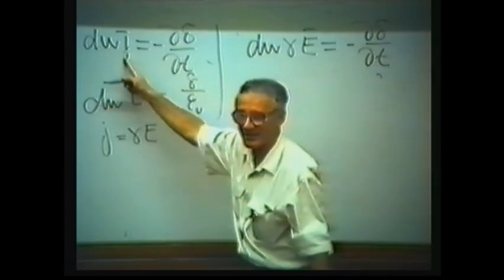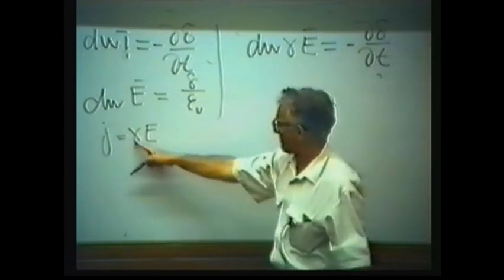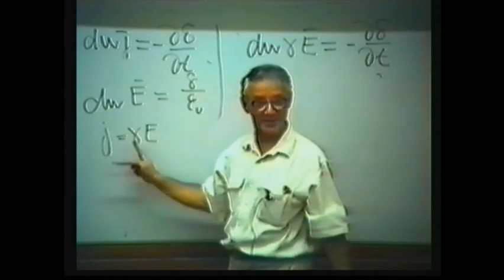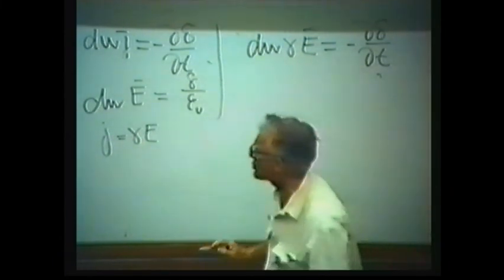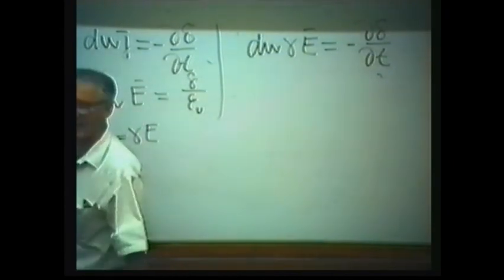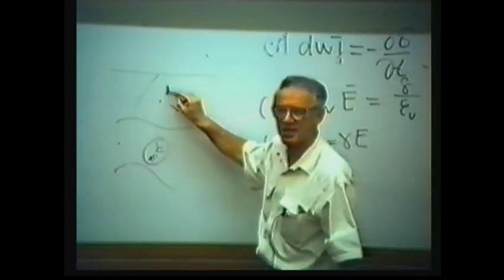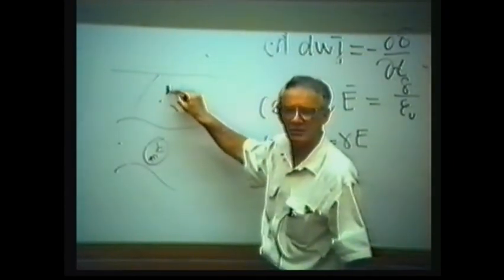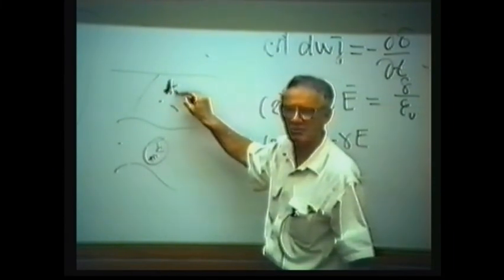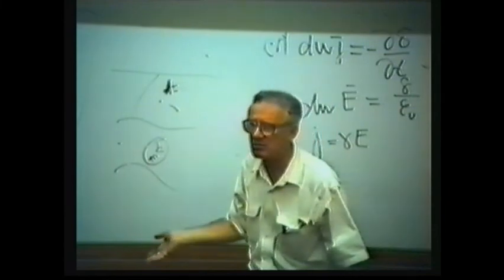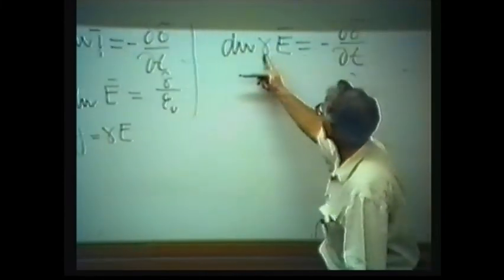I replace current density by conductivity gamma times E. I consider a piecewise uniform medium. It means what happens with conductivity inside such a medium? Does it change or not? Constant. So let us take gamma out.